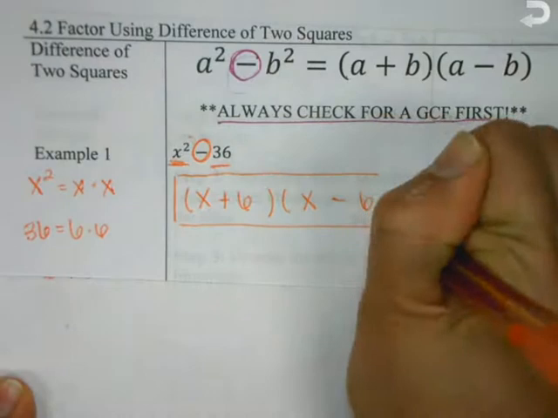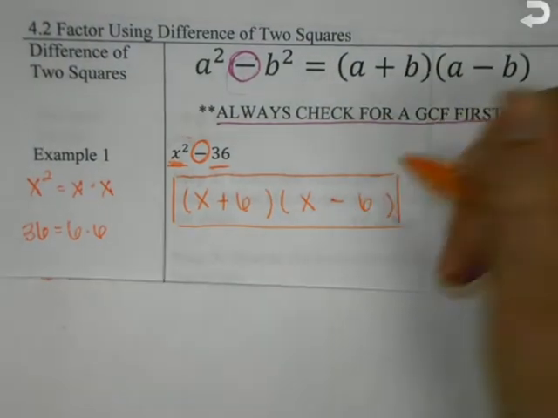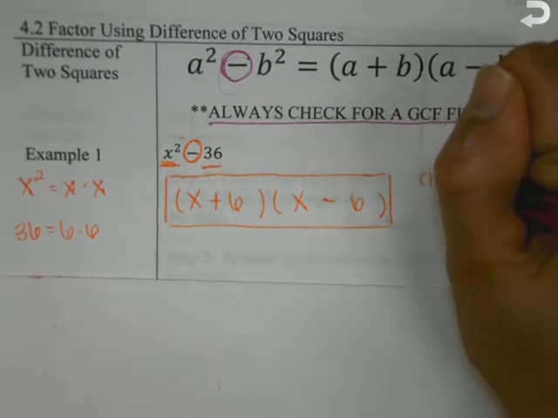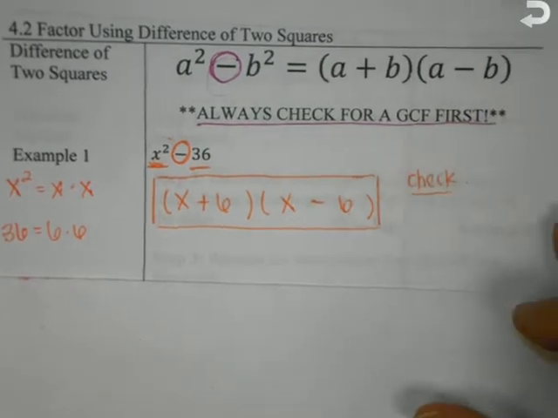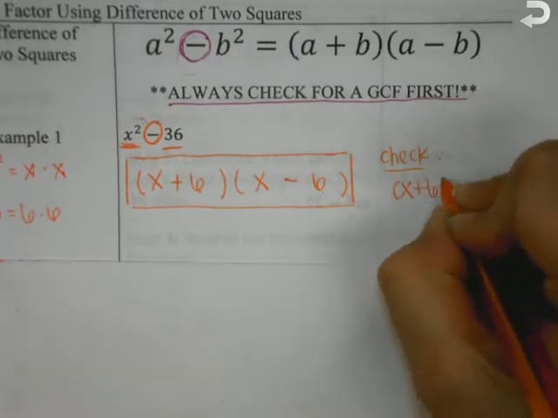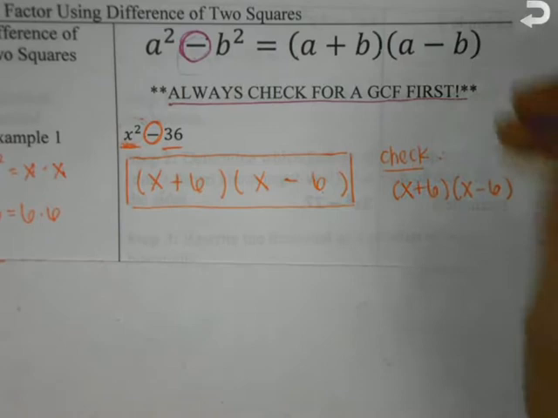How would I check that this is factored correctly? Multiply. Which method would I use to multiply? FOIL or box. So let's check it. X plus 6 times x minus 6. So we're doing a check. X times x gives me x squared.